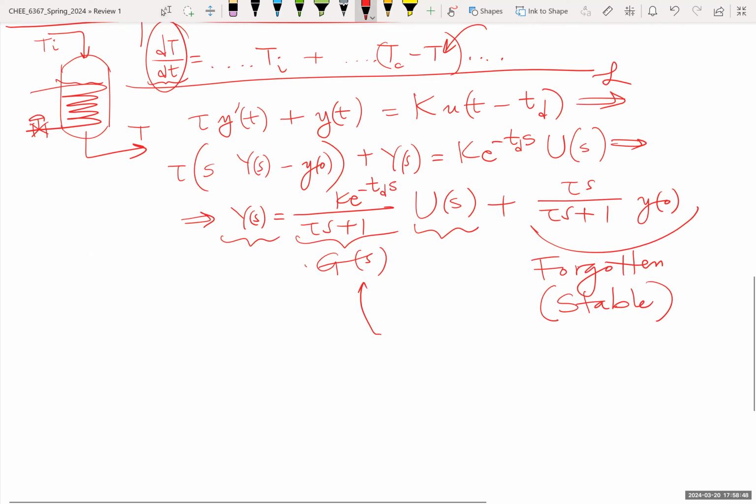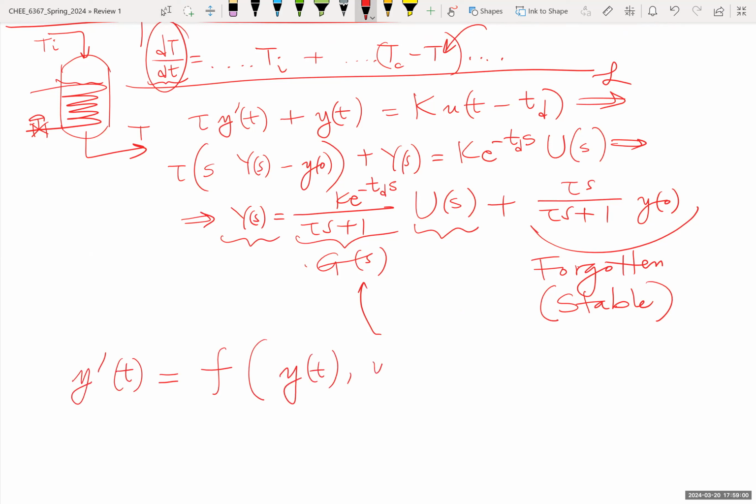The linearization basically says what section 11 says. The linearization says if I have a differential equation y prime of t is equal to f of y of t and u of t, and this is the manipulated variable.